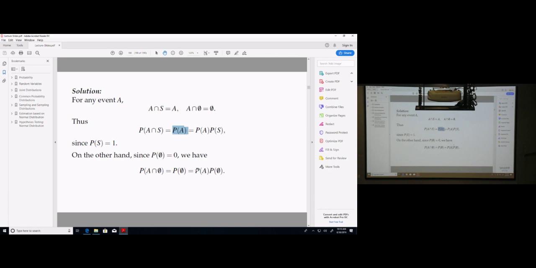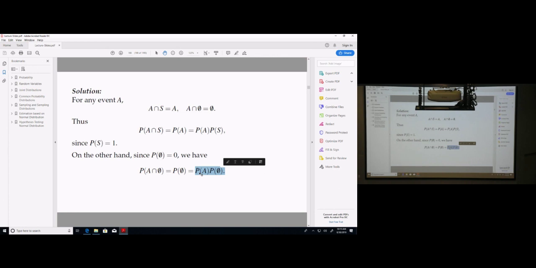Similarly, if you look at an empty set, the joint event A intersect empty set will be the empty set itself. So the probability would be equal to 0. On your right-hand side, because the probability of the empty set is 0, 0 times anything will be 0.